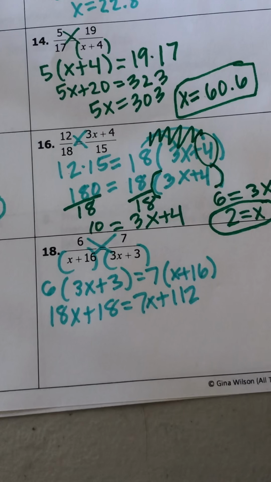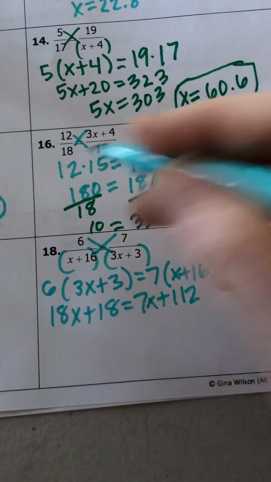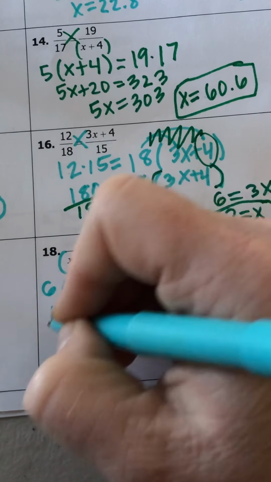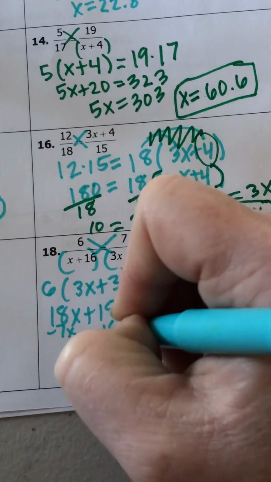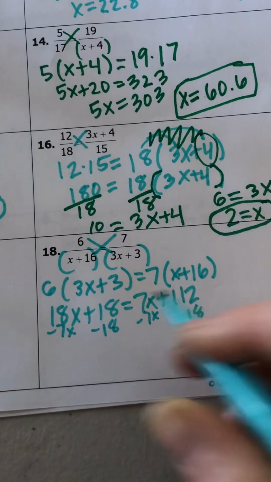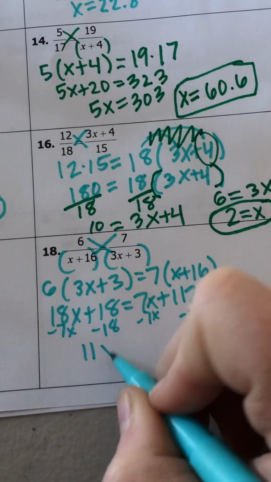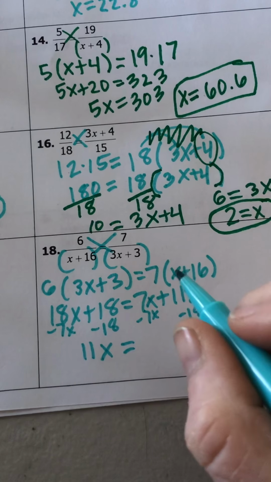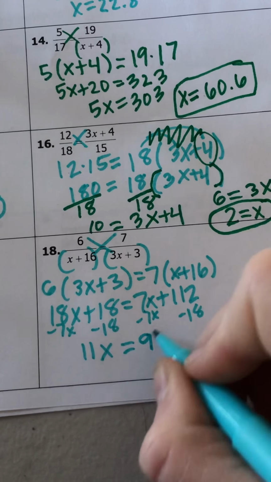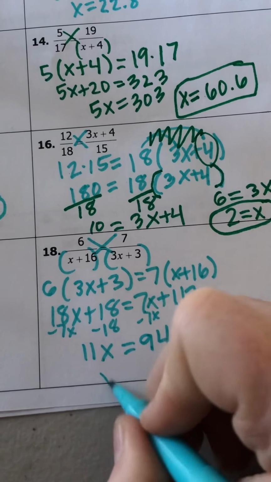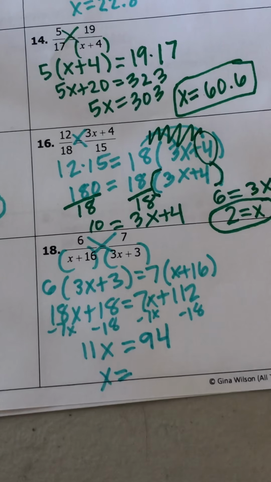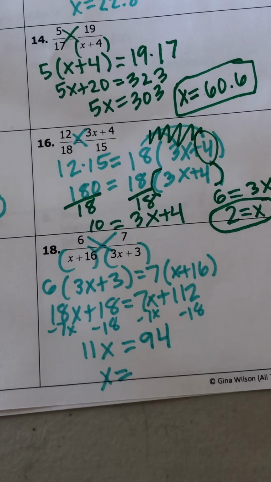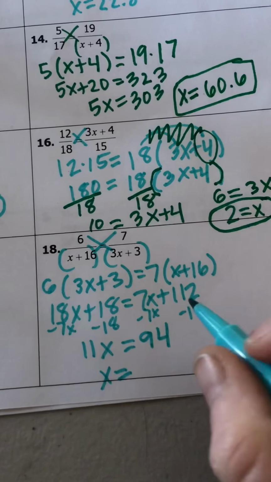So distribute on both sides and move x to one side. Always move mine to the bigger side. So I get 11x equals 94. X equals 8.5.